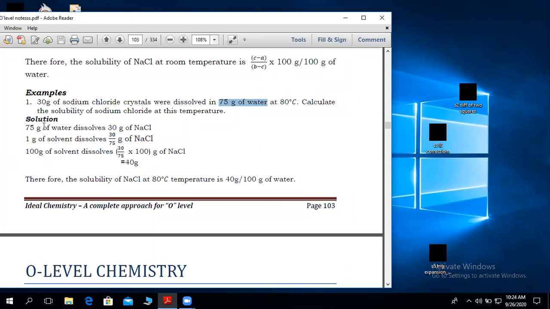We divide by 75 both sides. 1 gram dissolves 30 out of 75. Then 100 grams will dissolve 30 out of 75 times 100. In other words, you are multiplying by 100 here, by 100 there, and you get the answer as 40. Meaning, if 75 dissolve 30, then 100 grams will dissolve 40, and therefore 40 is the solubility of sodium chloride.